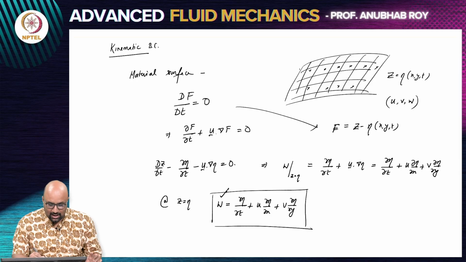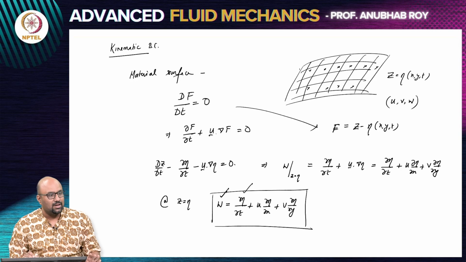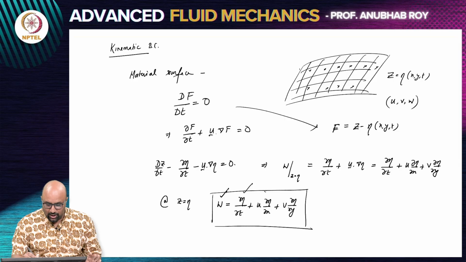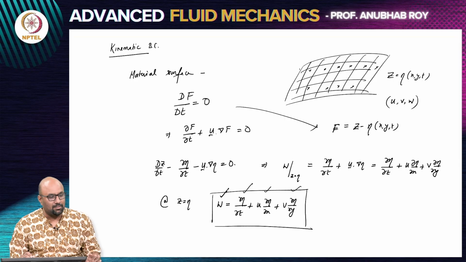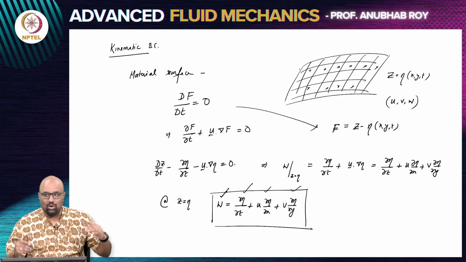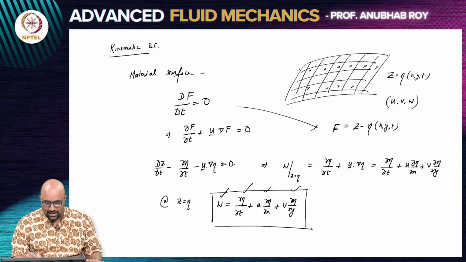So if there is a w at the interface, it is going to lead to a rate of change of the height of the interface at that location. But there is also going to be a contribution from the fact that there are tangential or horizontal velocities on the interface. So if there is a u velocity and a v velocity on the interface, that is also going to be responsible for the change of the interface height.